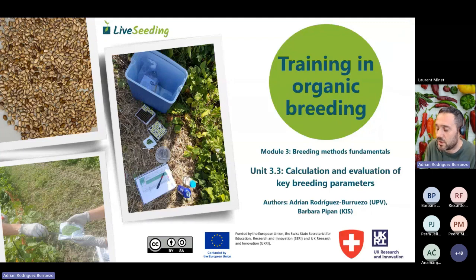So if you want to go into detail or learn a bit more about key breeding parameters, I encourage you to visit or download the available additional materials, or the books on plant breeding recommended in units 1 and 2, because they are quite comprehensive, not only for generation of new diversity, but also highly recommended for breeding strategies in plants, in different reproductive systems, and even for the estimation of the key breeding parameters.